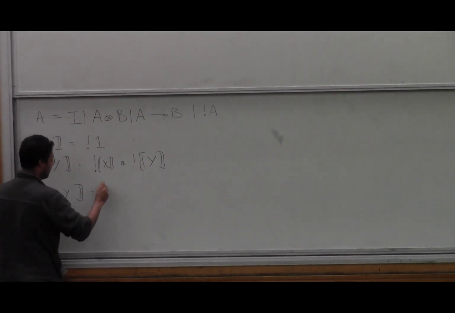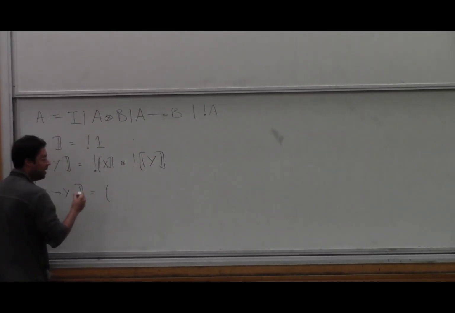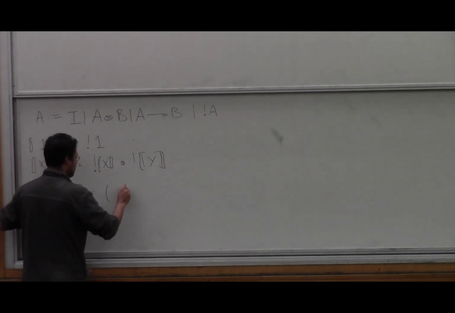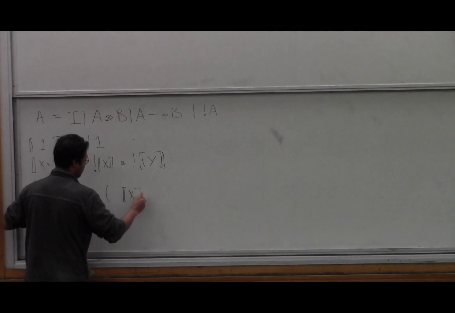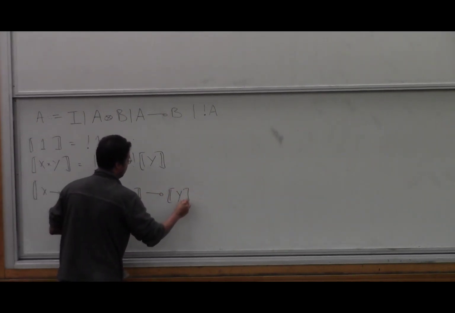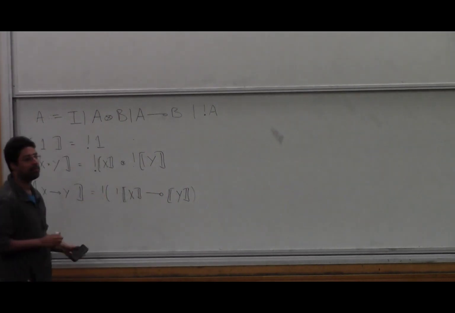And then his idea was, you would say an intuitionistic function is something that can use its argument as many times as it likes. So we'll translate the argument, hit it with a bang, and then send it to the translation. And then the whole thing you can use as often as you like.